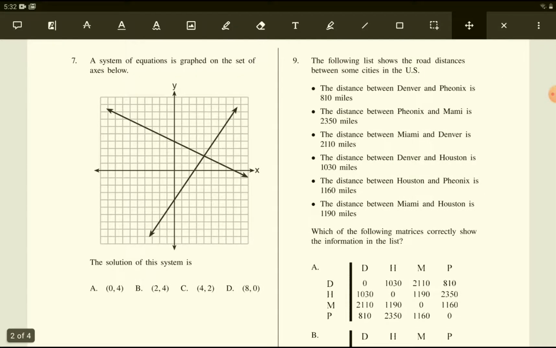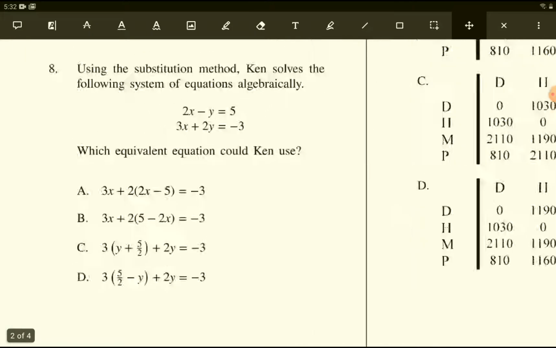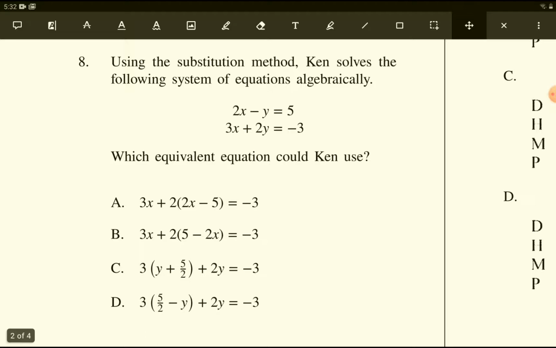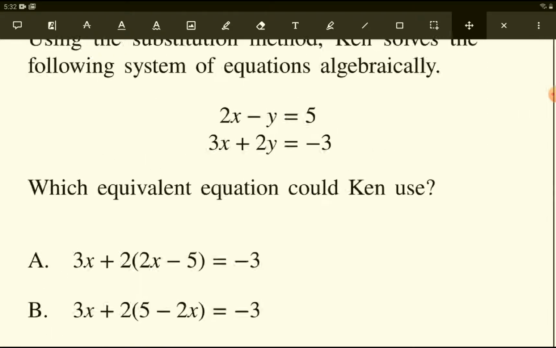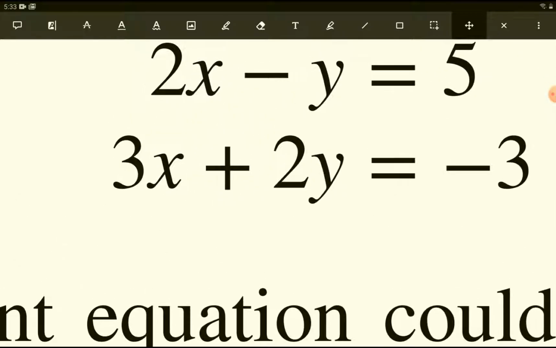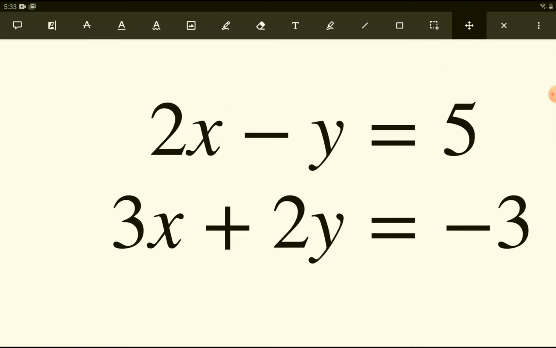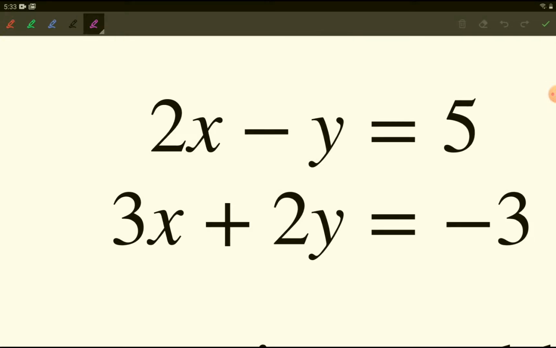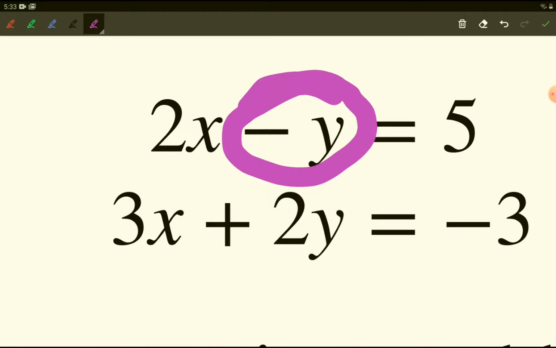This one, I feel like that's self-explanatory. Number 8, they're just telling you how to set up the problem. Like, you don't actually have to solve it. They want to know the setup. But to set it up, remember, you have to isolate something first. Okay? You have to isolate first. So if I were you, I would work on getting this negative y. Well, really not that negative y.